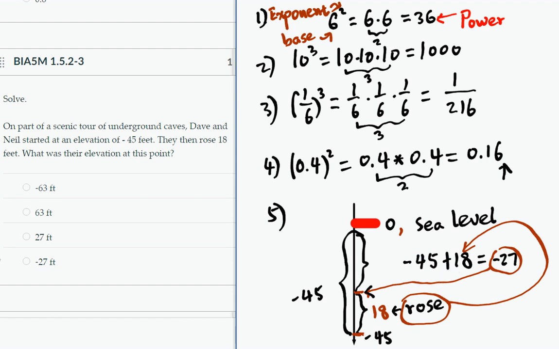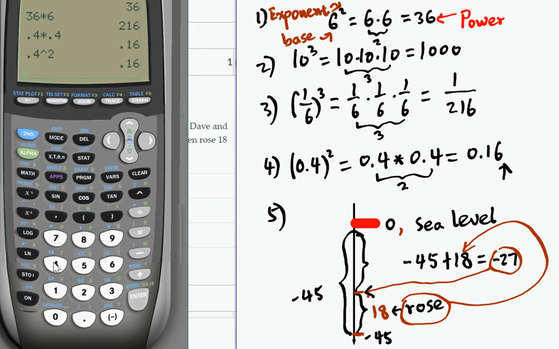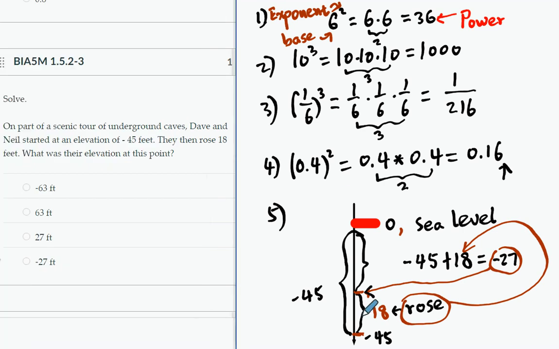You see right here, we have a 45, subtract 18. You get 27. So you know here is 27, but it's negative because the sign depends on the sign of the big number.